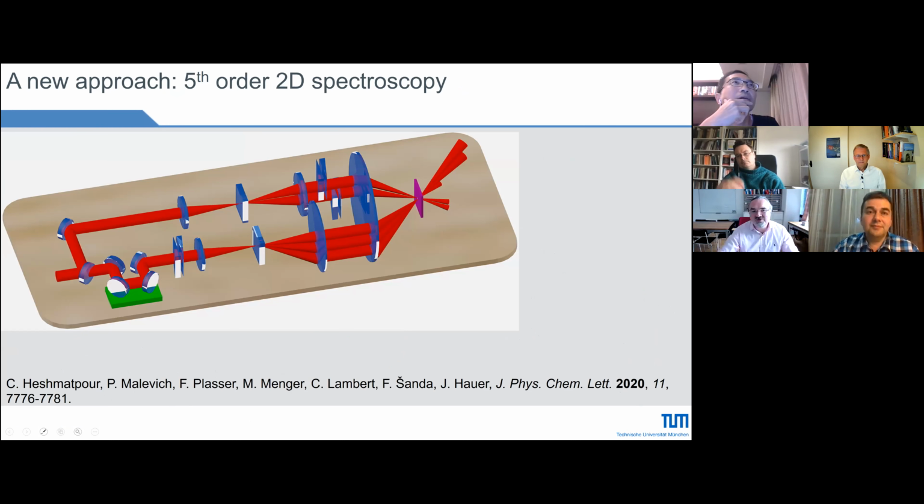Right. Which means you have to use a shaper and you have to deal with shaping artifacts. These are the downsides. The major upside is that you don't have to face this thing. And this is a real problem because, of course, when you do R3, normal 2D, you have to phase to pump probe. That's already cumbersome. But what you have to phase in R5 is one level of complication higher.